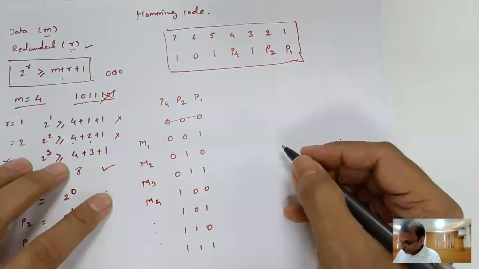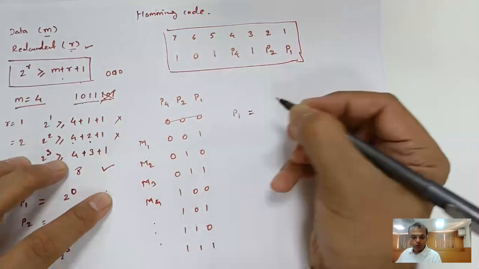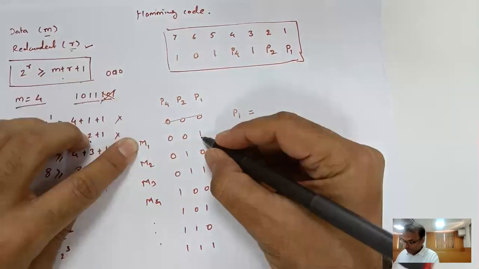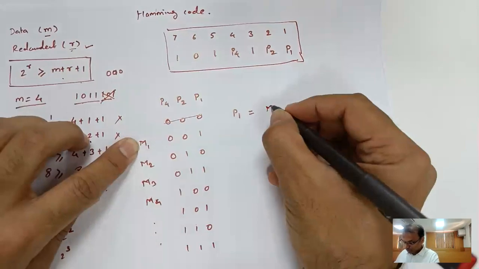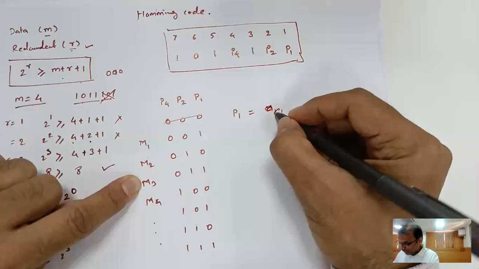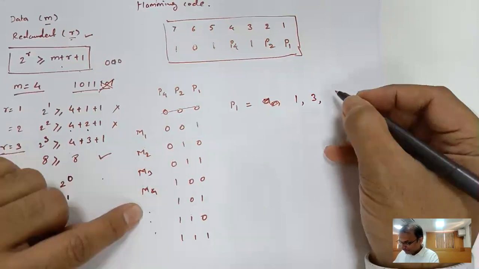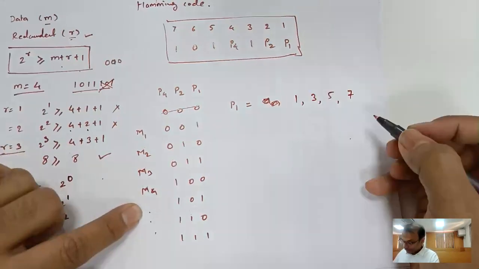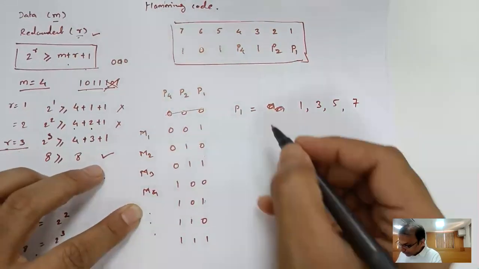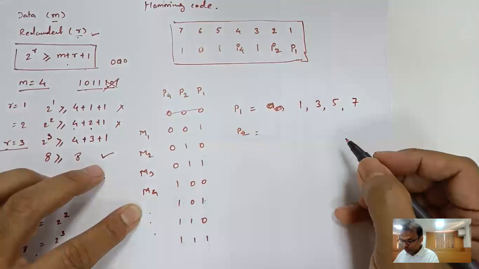So P1 is equal to, which are the positions with P1 is 1? Let's not write M1, I'm just writing the positions: 1, 3, then 5, and then 7, where P1 is 1. Now let me find out P2, where P2 is 1.